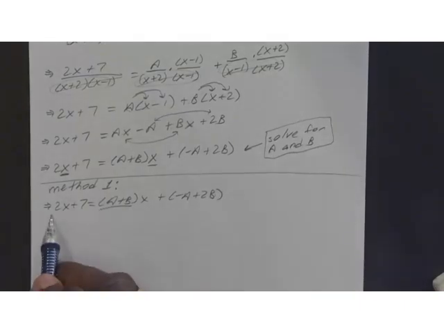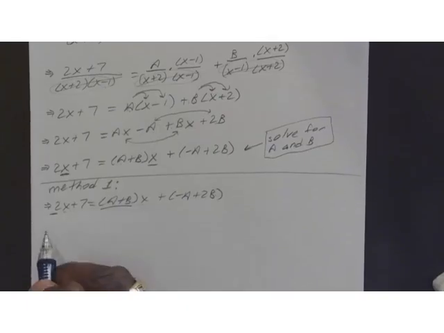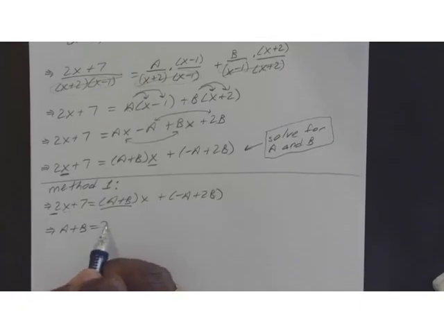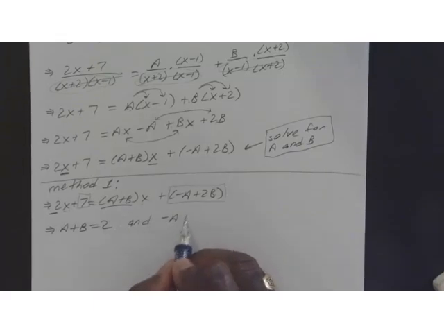So this a plus b would have to equal 2 in order for that to be equal. And these constants, when you add them together, they have to equal 7. So we know that negative a plus 2b has to equal 7.